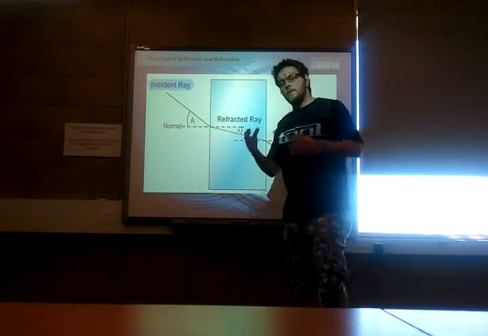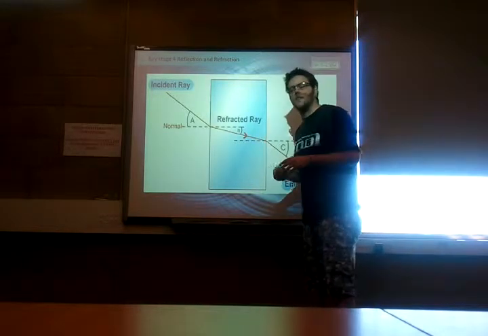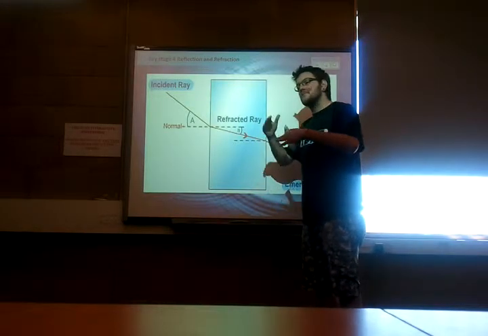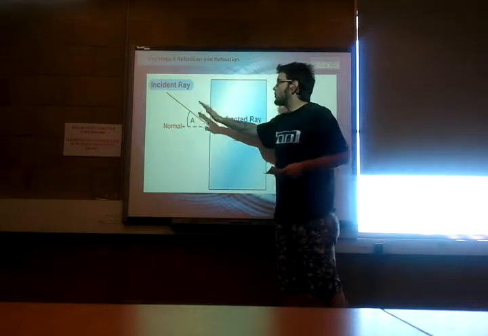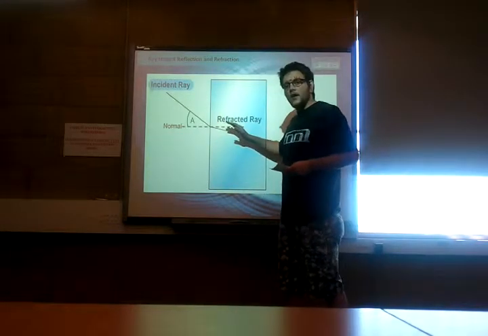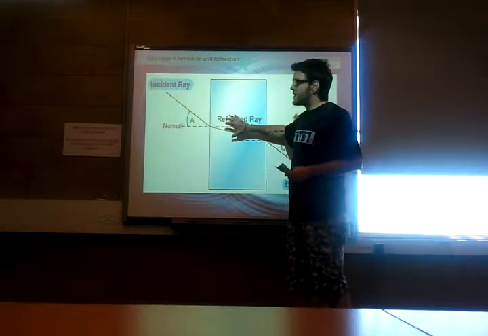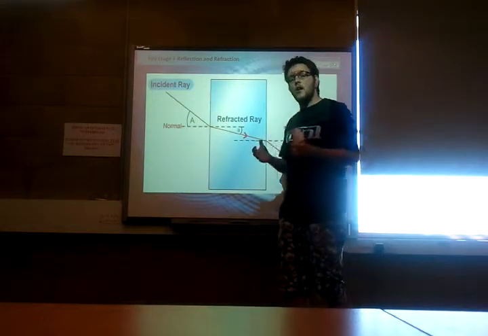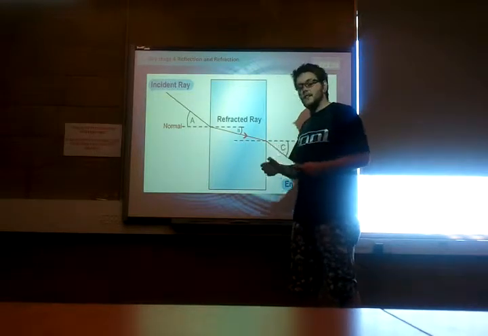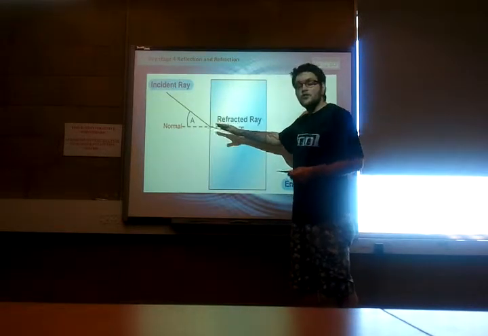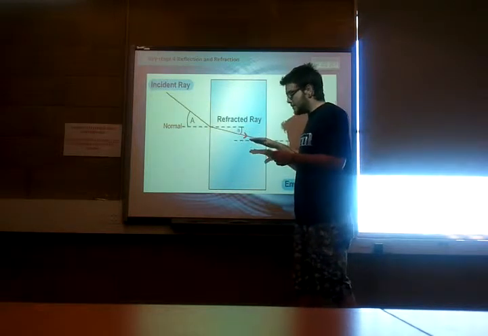Remember we were talking about mediums, about how some waves need a medium in order to travel. Well, once a light ray goes from one medium to another, this medium in this case is denser, so it's harder for it to travel through that medium. So what actually happens is the wave starts to slow down.